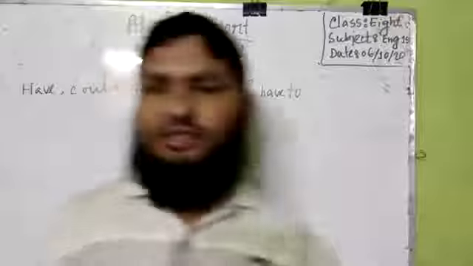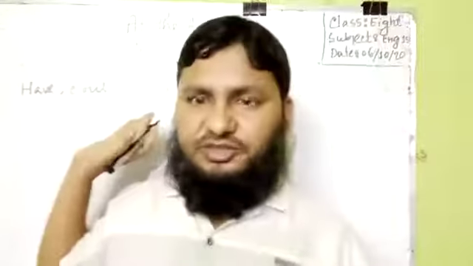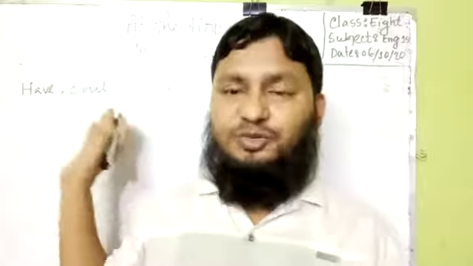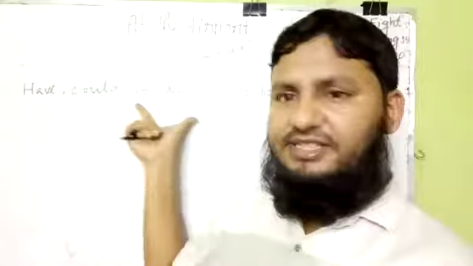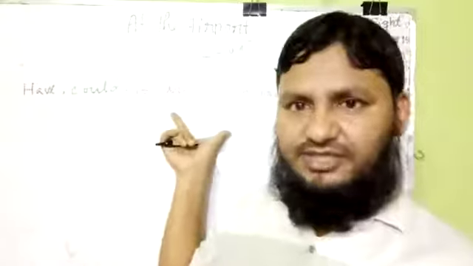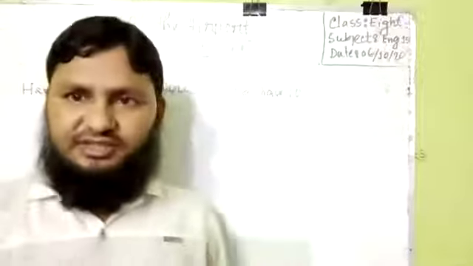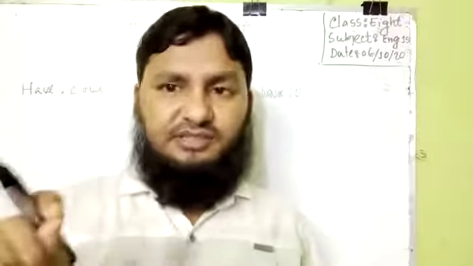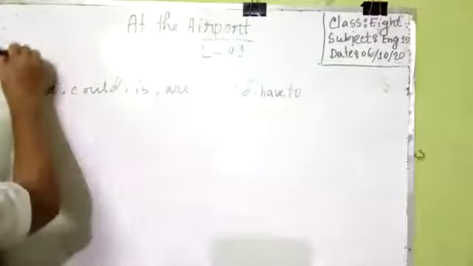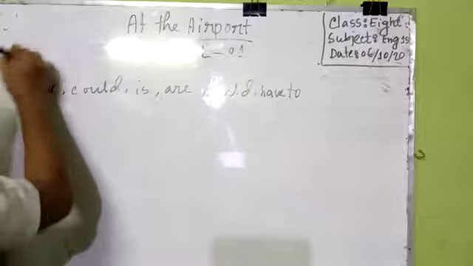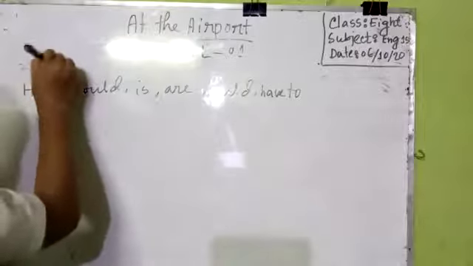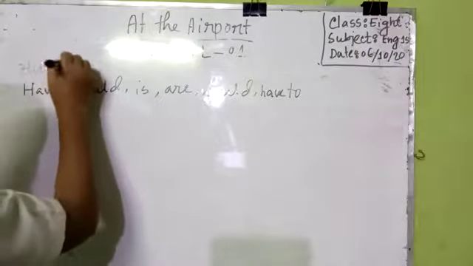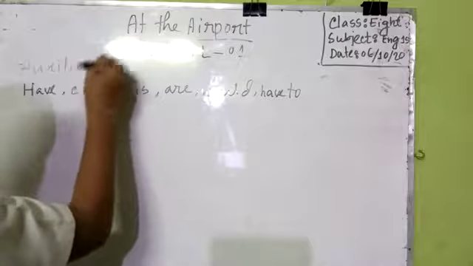I hope that you have already put down these words. If you think over these words, you will understand what type of words these are. Can you guess what type of words these are? These are nothing but auxiliary verbs. So put down here: auxiliary.